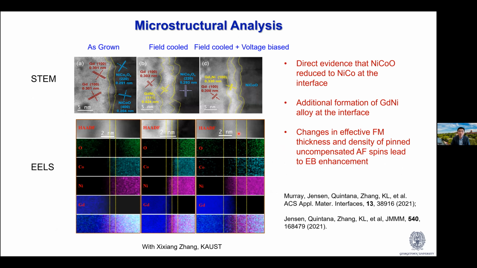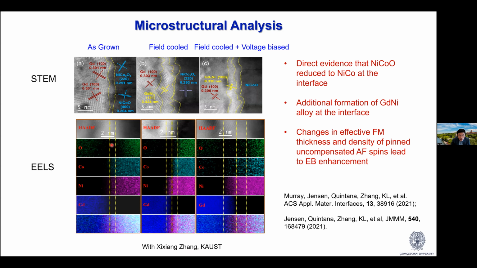The mechanism actually has a lot to do with the microstructure of the multilayers. This is electron microscopy work, scanning transmission electron microscopy and EELS, done with my collaborator, Professor Xixiang Zhang's group at KAUST. And we've separately also done polarized neutron reflectivity to look at the interfaces.